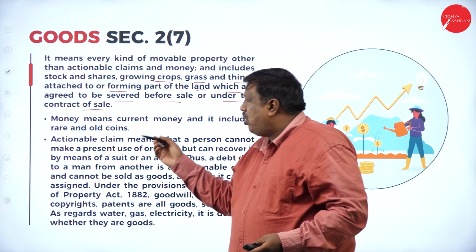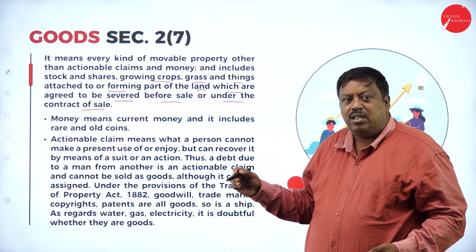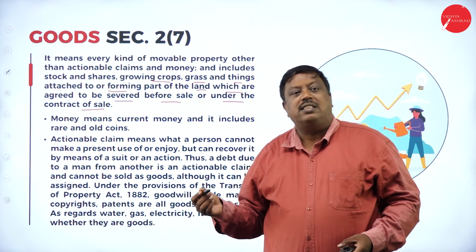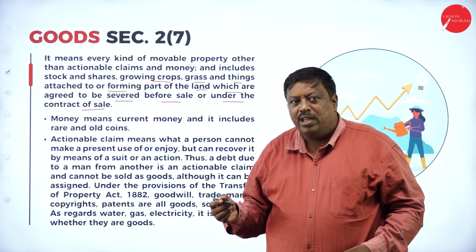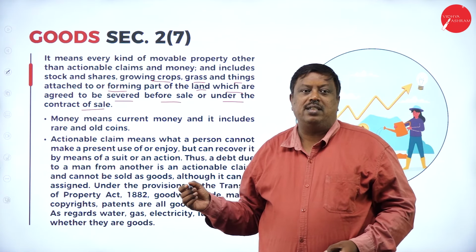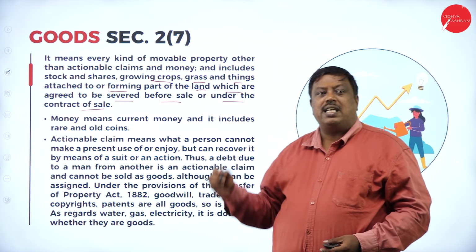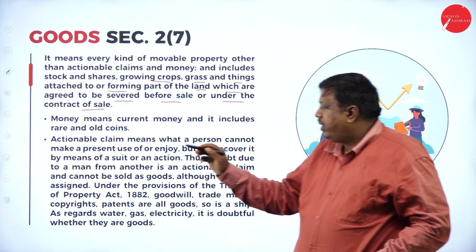Those concepts will be considered as goods here. If we say we have sold a land, can it be considered under the Sale of Goods Act? No, it is immovable property. For that reason, only movable concepts are to be considered, not immovable.